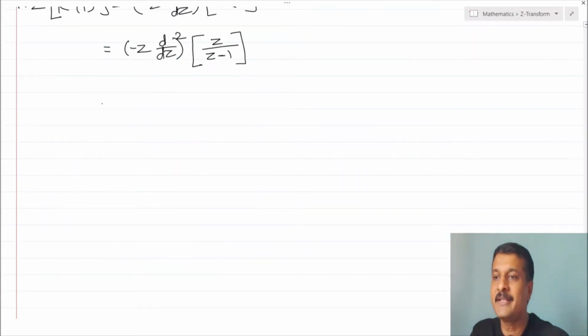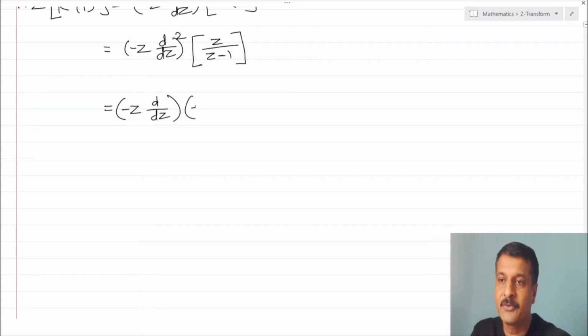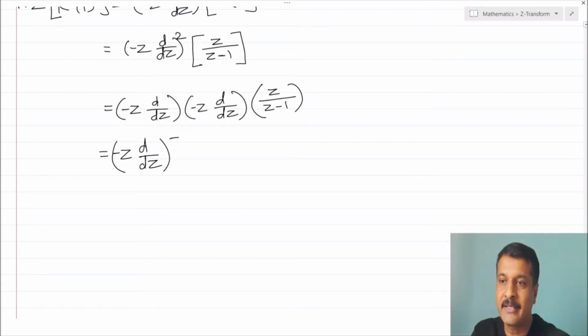So I am getting that is equal to minus z d by dz into minus z d by dz of z upon z minus 1. So carefully you solve. This is minus z d by dz, and here I am getting minus z and d by dz of this one, meaning the derivative with respect to z.